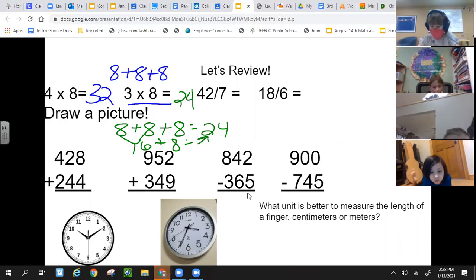Could you draw a picture? Max Fox, could I draw a picture? Can't hear you, bud. I don't know if it's your volume, but yep, you could. 3 circles with 8 in each, like we did before, right?